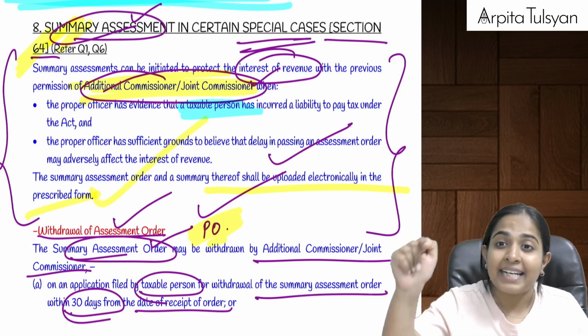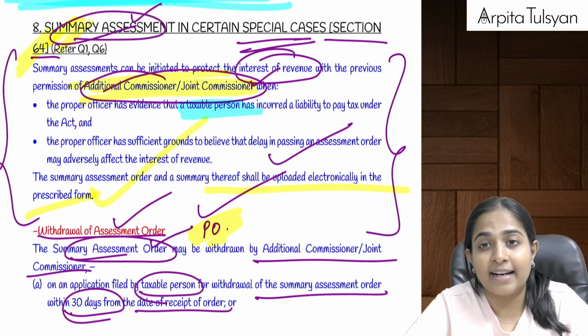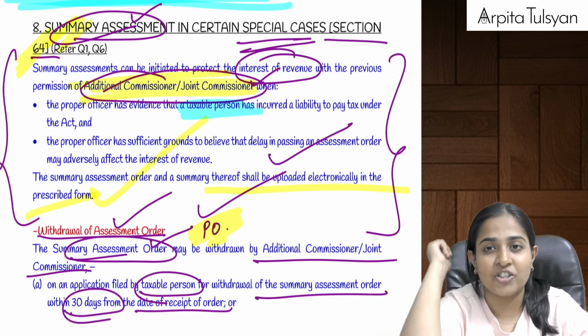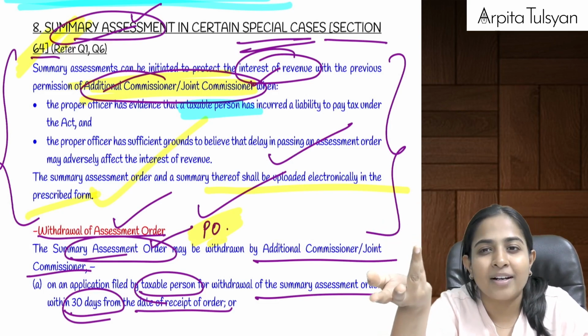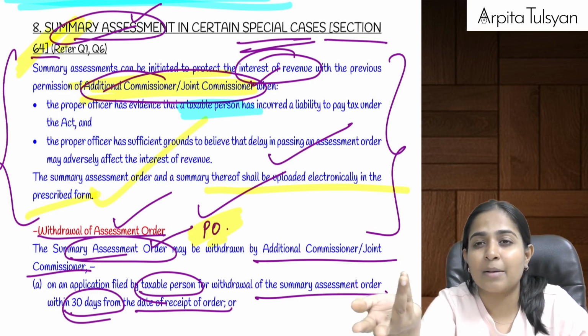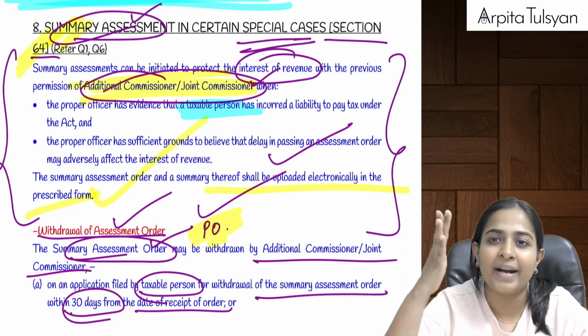Okay, if that taxable person, whom we were fearing that maybe he can run from the country, etc., comes and makes an application to the AC or to the JC and tells that, sir, this much trust only you had in me, why did you even pass a summary assessment order? I am not going to go anywhere, I am not going to declare insolvency, I am going to pay my tax dues.